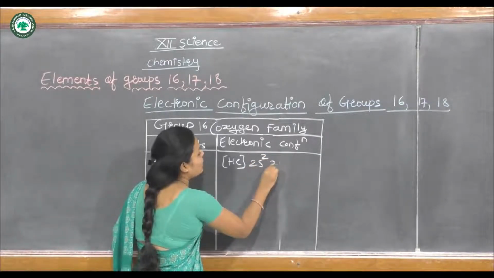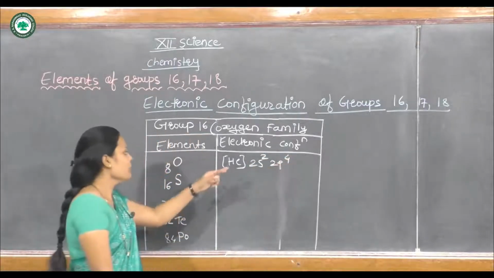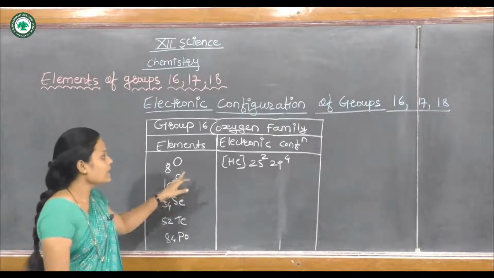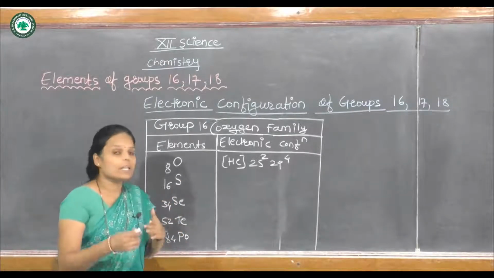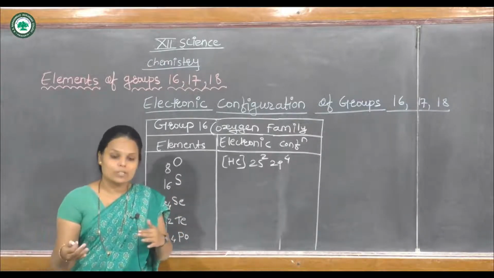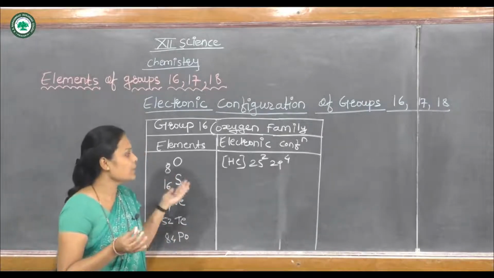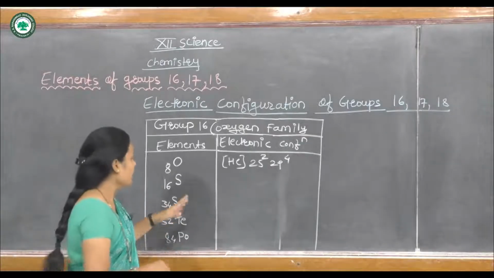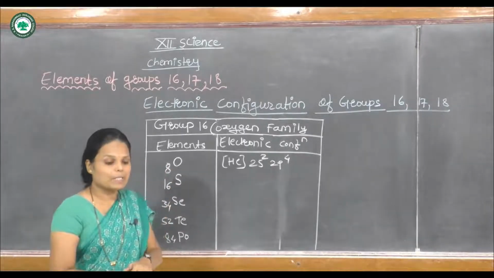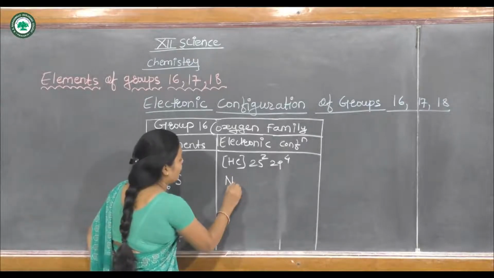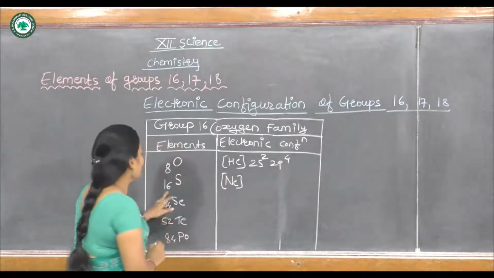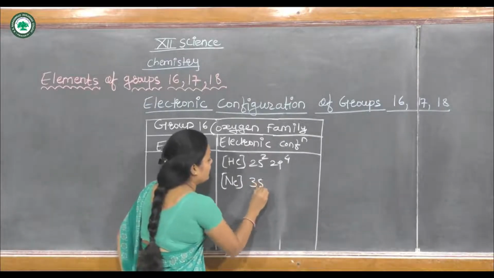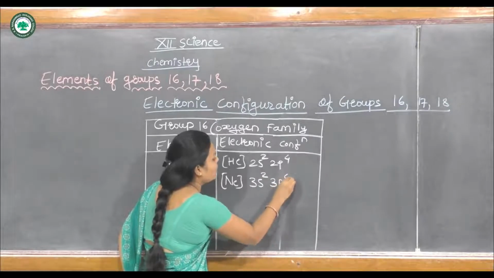Now the next element is sulfur. Following the increasing energies of the orbitals, it is represented by neon, and its electronic configuration is 3s2 3p4.